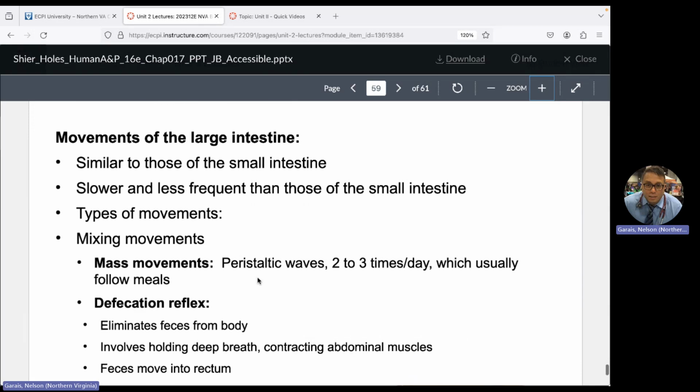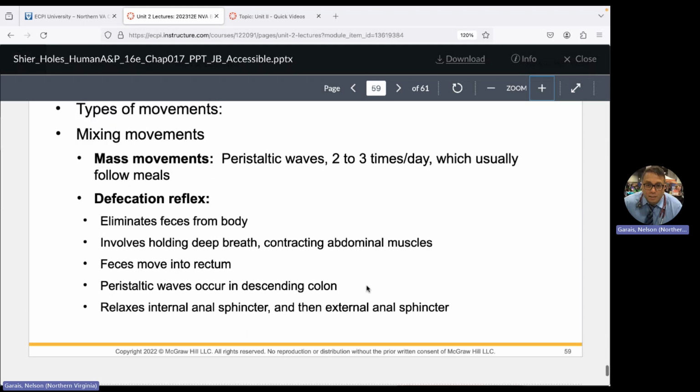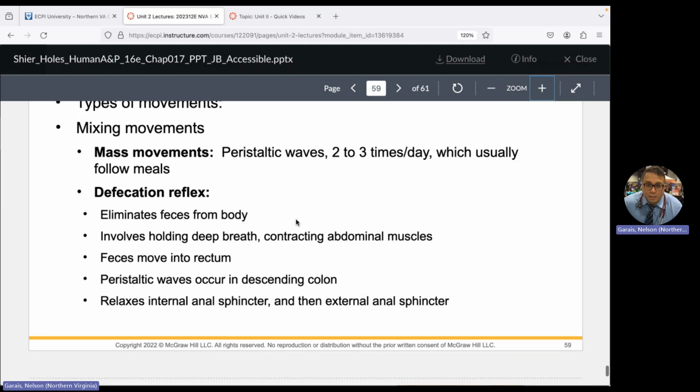Movement, defecation, mass movement, of course, peristaltic waves, 2 to 3 times daily. And you also have the defecation reflex that we talked about. Once the feces moves into the rectum and the rectum starts expanding, what will happen? The medulla oblongata sets up the reflex that the second that happens, the external anal sphincters can only hold the feces so far.